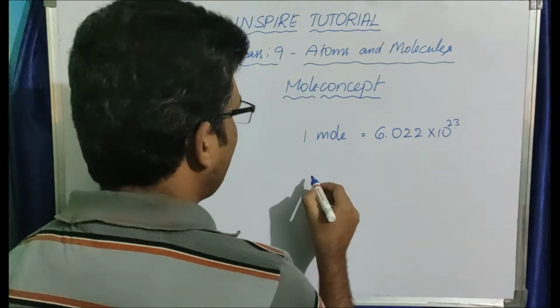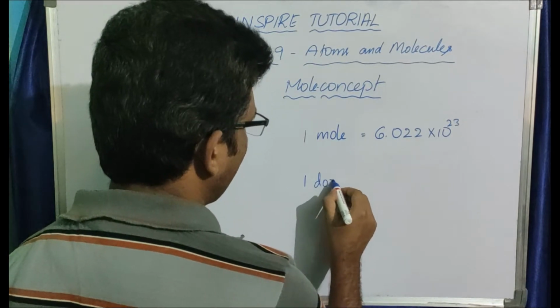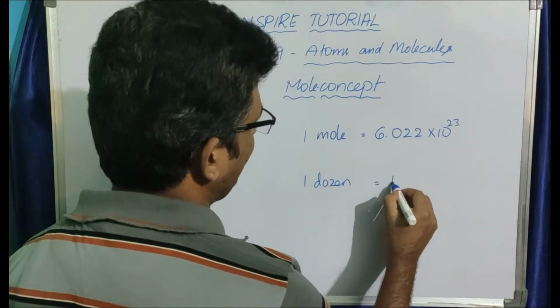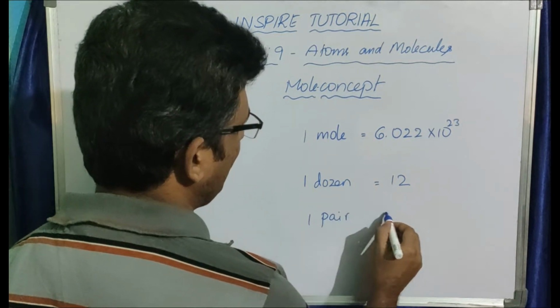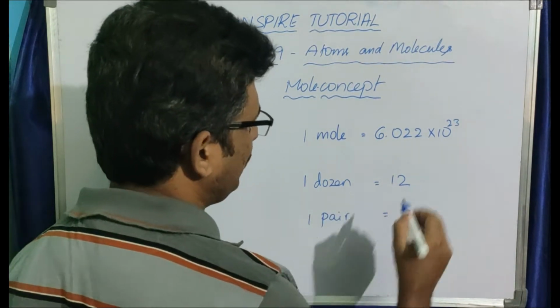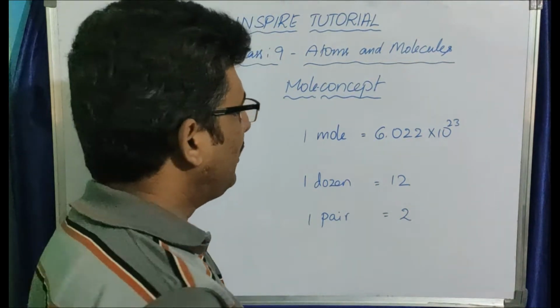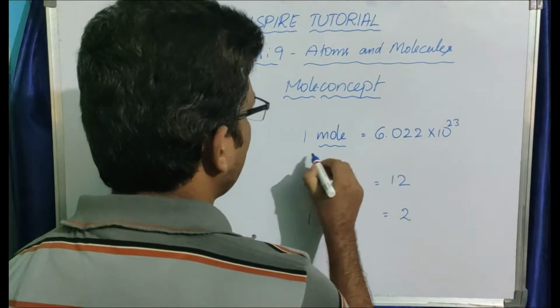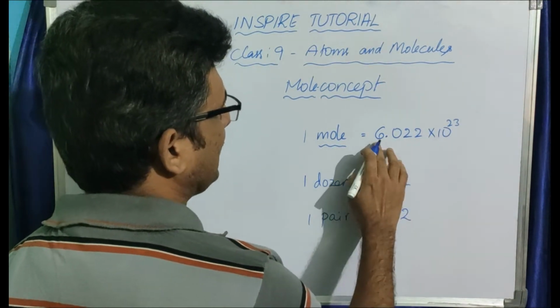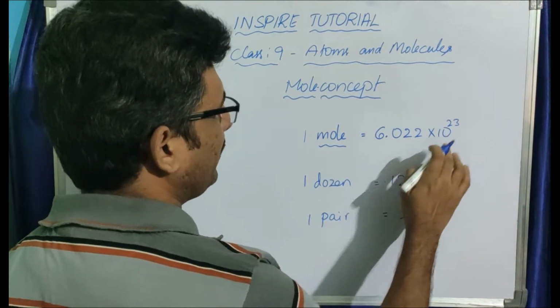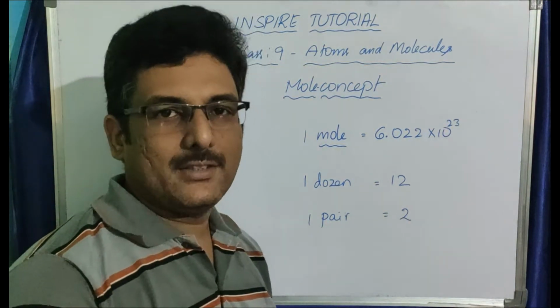It is just like when we say 1 dozen, that equals 12, or 1 pair equals 2 in number. Similarly, when we say 1 mole, this 1 mole represents this number, that is 6.022 into 10 power 23.